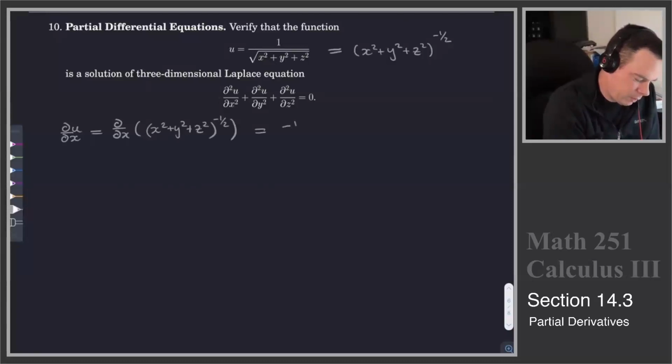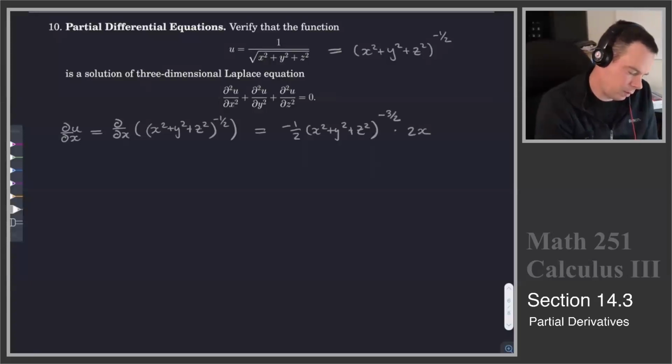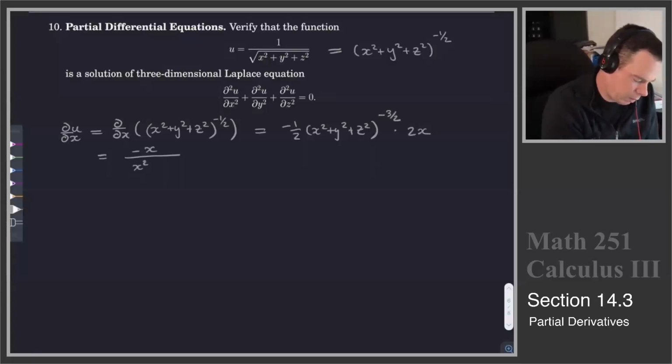By the power rule, this is -1/2 x squared plus y squared plus z squared, and the new exponent up here is going to be -3/2. And then we multiply by the derivative of the inside, which is 2x. So this becomes -x over x squared plus y squared plus z squared to the 3/2.